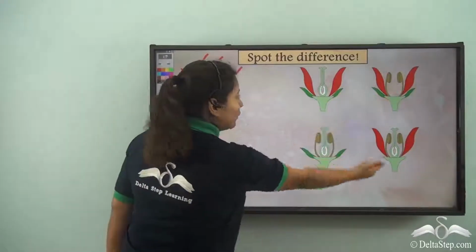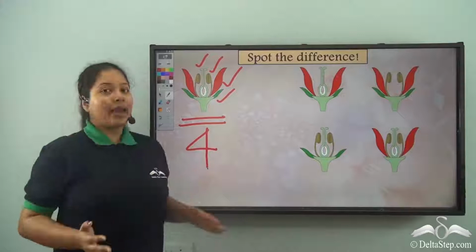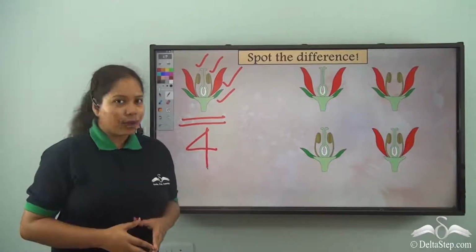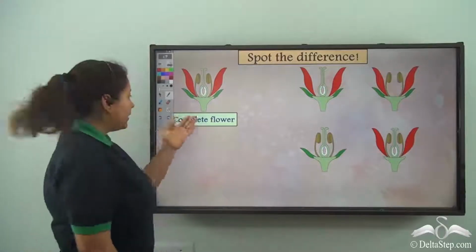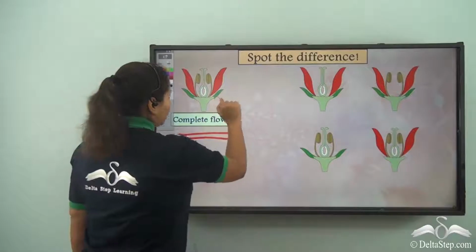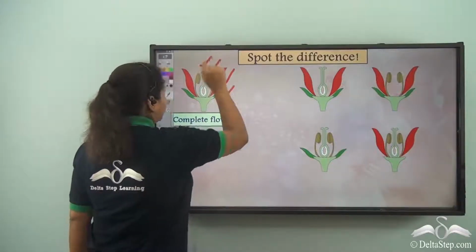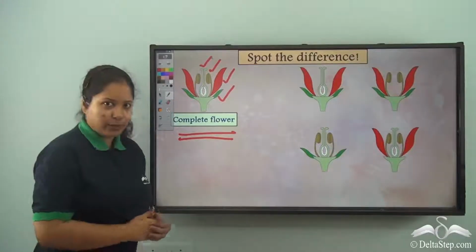But look over here. In all of these four flowers, do you think they have got all the parts of a flower? Let's see. See, this flower is a complete flower because it has got all the four whorls, the calyx, corolla, androecium and gynoecium.